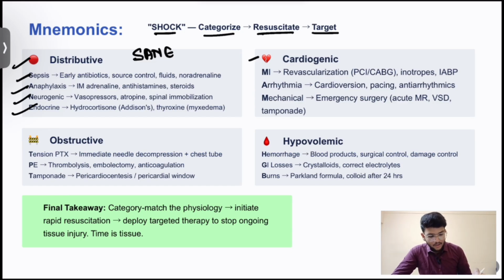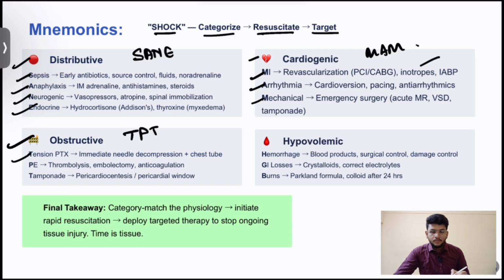In cardiogenic shock, MAM. MI: revascularization by PCI, percutaneous coronary angiography or bypass grafting. Inotropes. Arrhythmias. Mechanical: emergency surgeries can be done. In obstructive shock, we have PPT.